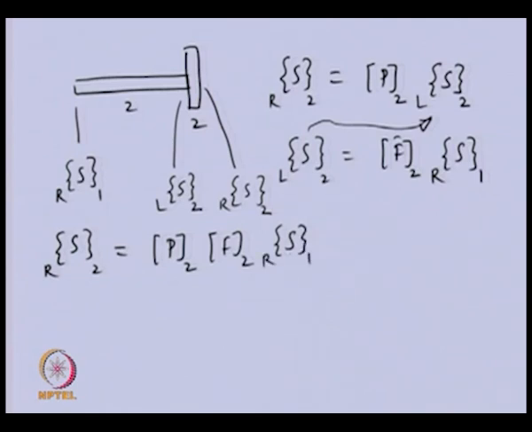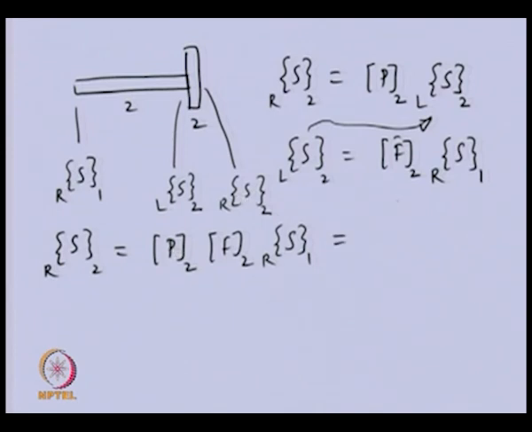So, once we substituted this here, we could relate the state vector which is right of disk 1 to the right of disk 2 directly. That means the state vector which is here and the state vector which is here we could relate directly.